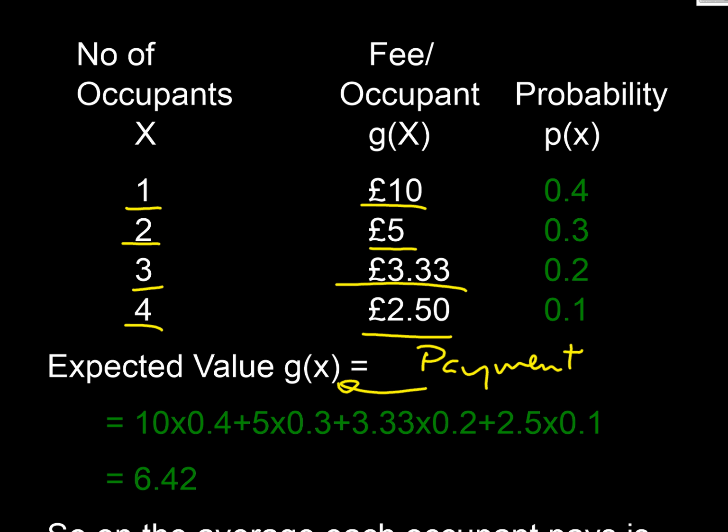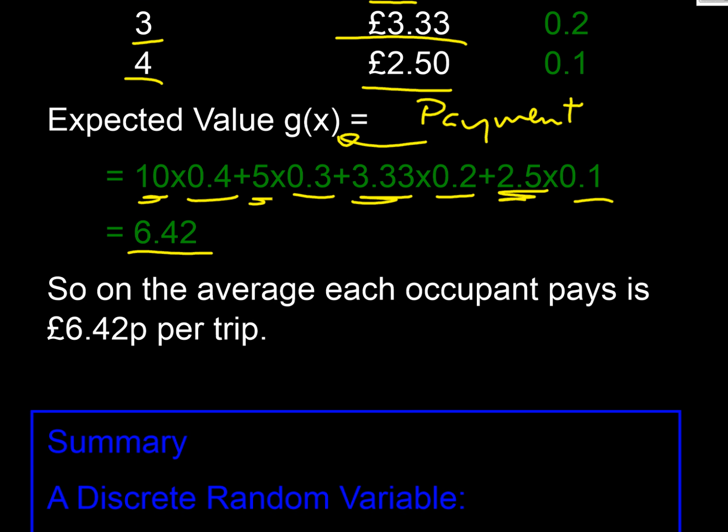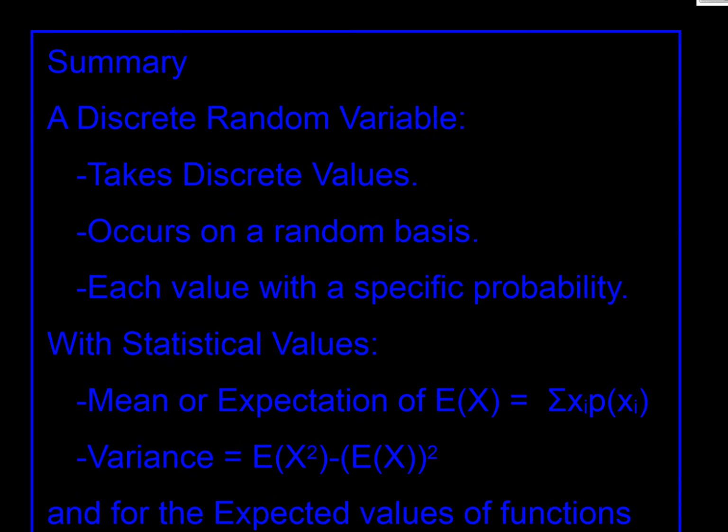All we're going to do is think about the fact that there's a 0.4 chance we're going to pay £10, 0.3 chance of £5, 0.2 chance of £3.33, and a 0.1 chance of £2.50, which comes to £6.42. So the average each occupant pays is £6.42 per trip. Pretty straightforward. You can do that for any function of the random variable.